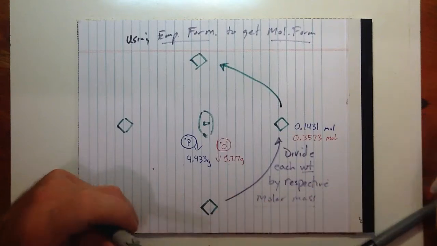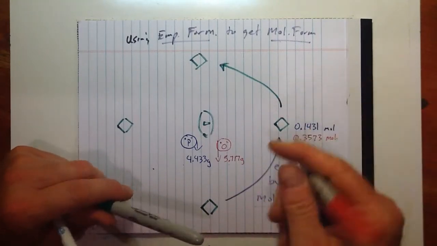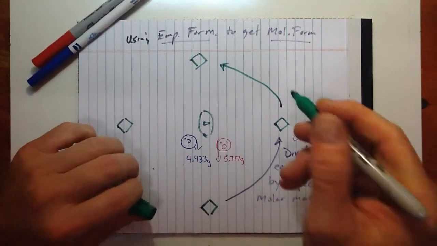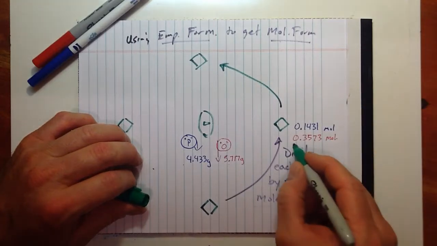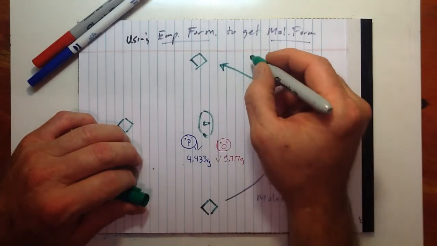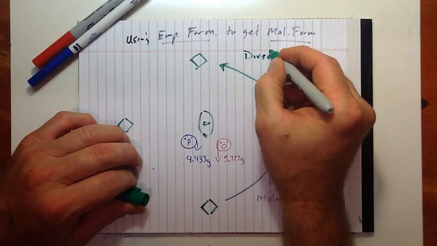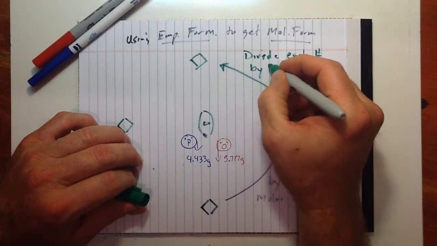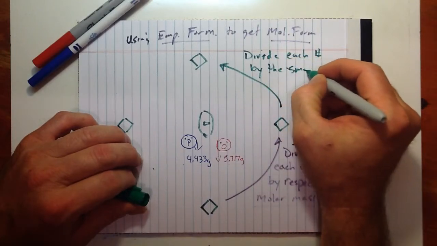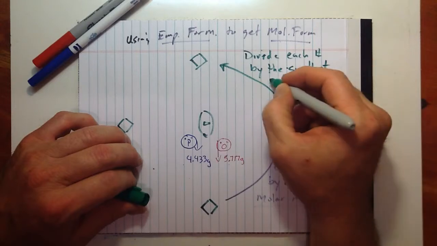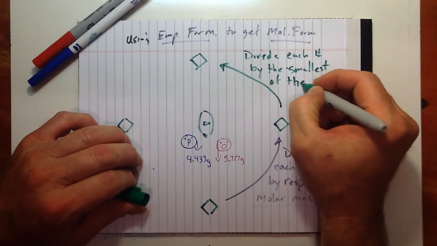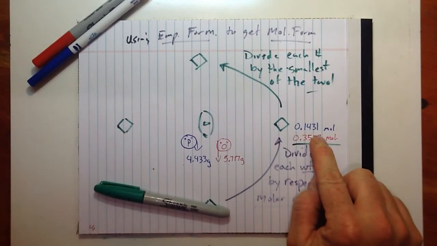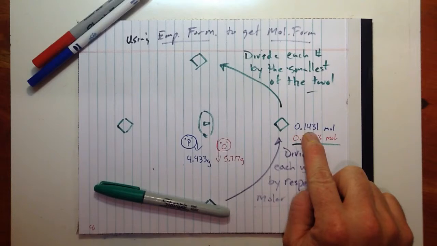Now the second move we make to second base involves a different rule. I'm going to put it in green just because my black marker is dying. The second rule is, again, different. It's going to take these numbers that we just found and divide each of these numbers by the smallest of the two. So which one of these is smaller? Hope you're saying the 0.1431 is smaller.